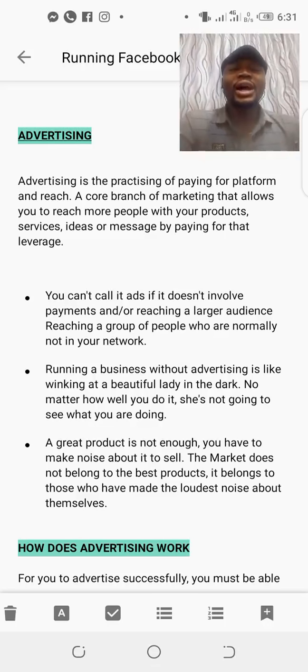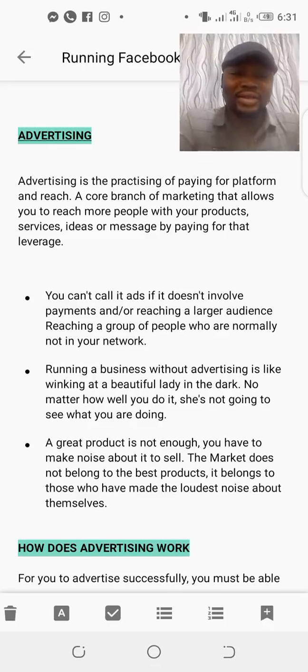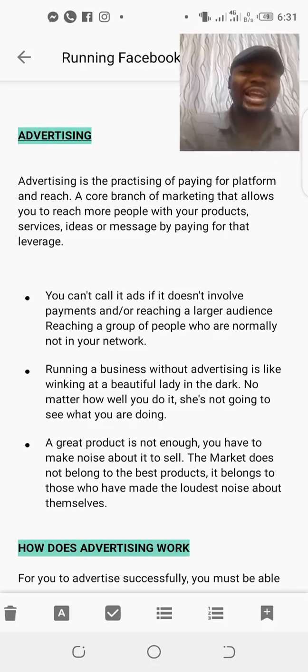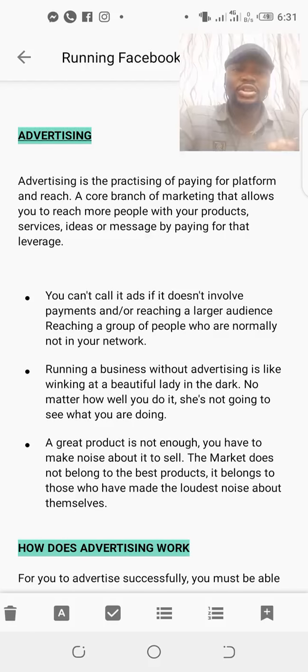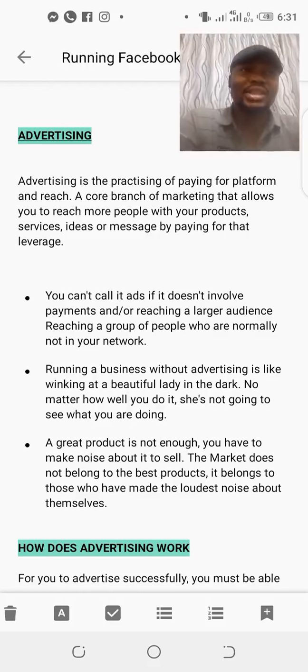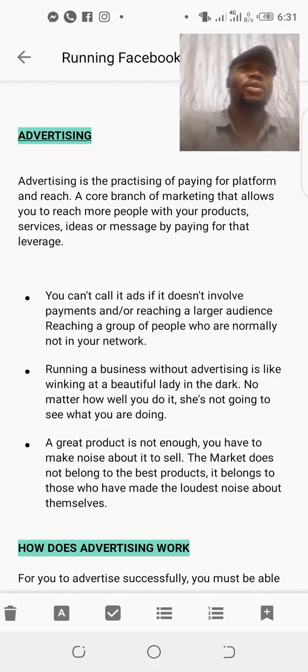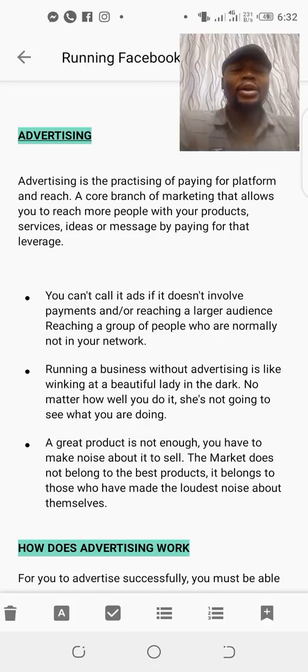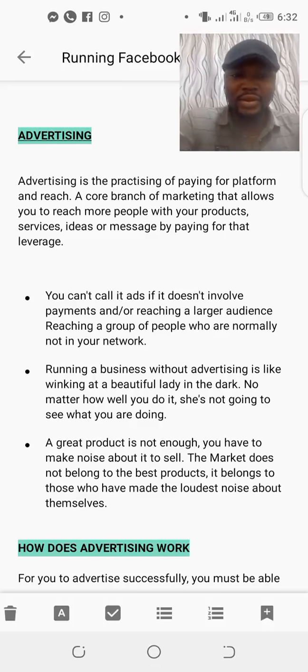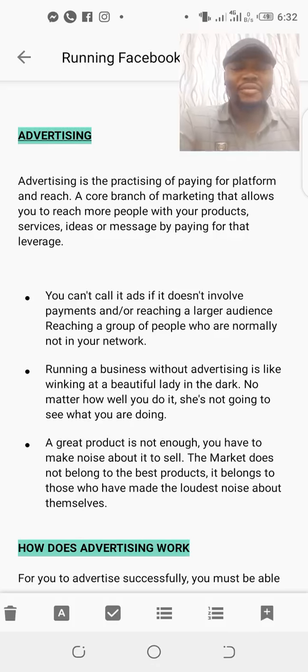You can't call it ads if it doesn't involve payment and or reaching a larger audience. So it either has to involve you paying for leverage, whether you're paying for a billboard ad so that more people can see your stuff, or you are reaching a larger number of people. That's advertising. Many people say they are advertising, and I ask them, okay, what have you done so far?